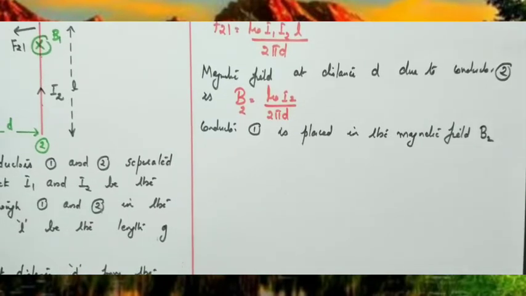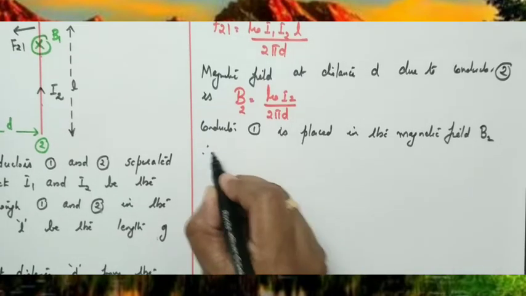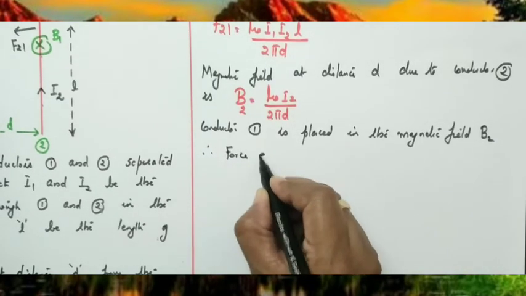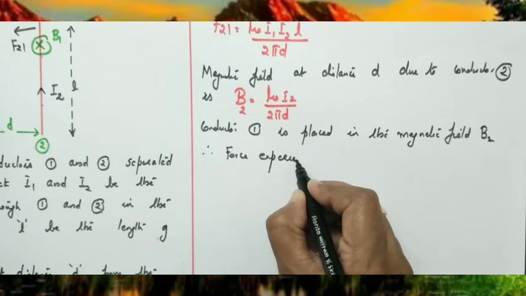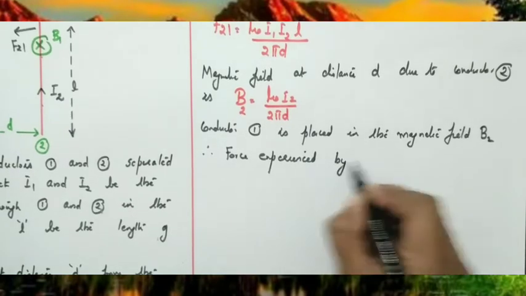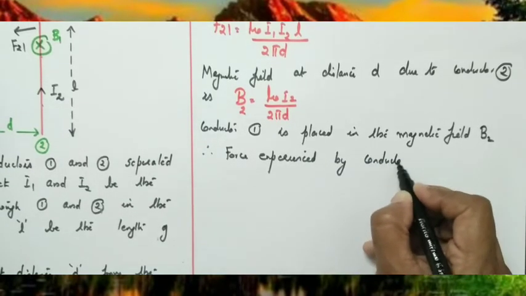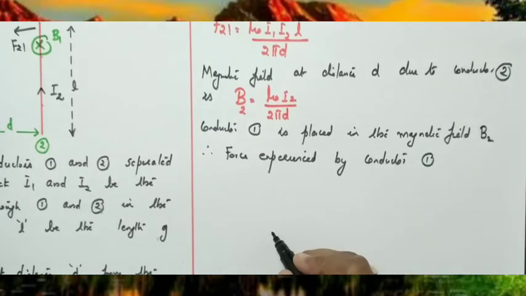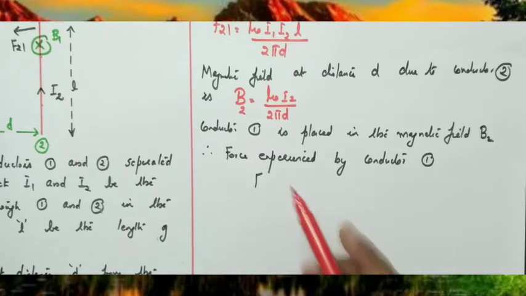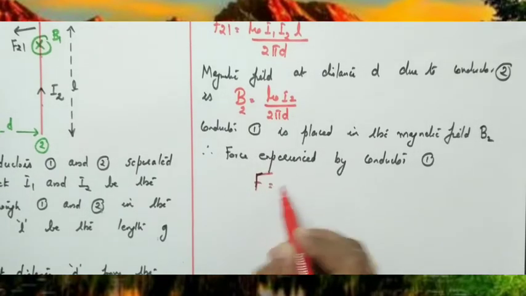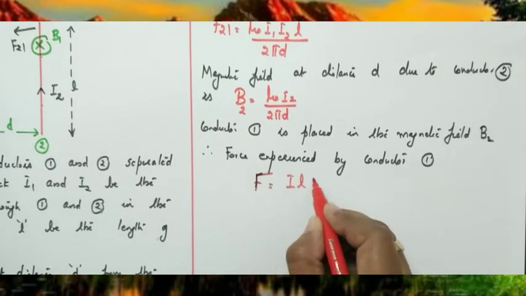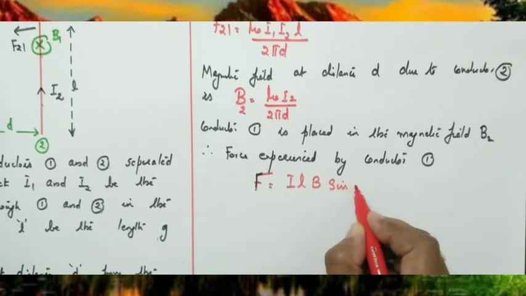Here also it experiences a force. Therefore, the force experienced by conductor 1 is, we know the general formula, F equal to I L B sin theta, isn't it?